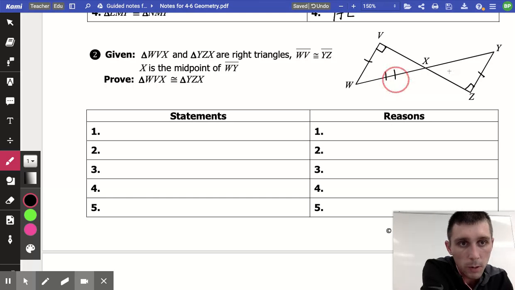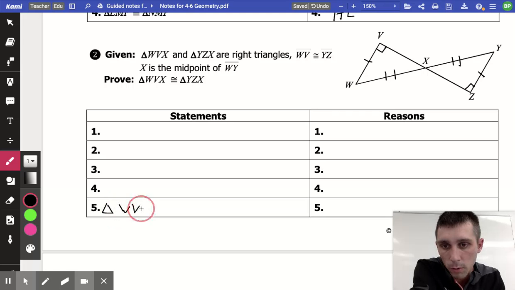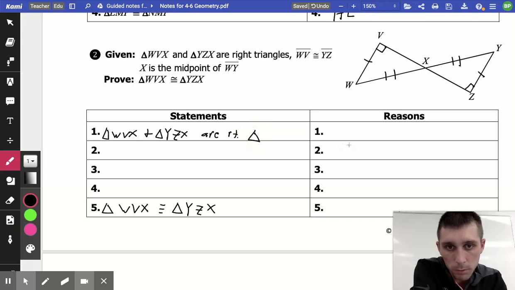So that means WX and XY are congruent. Prove. So we're trying to prove triangle WVX is congruent to triangle YZX. Okay? We know that triangle WVX and triangle YZX are right triangles. That's given.